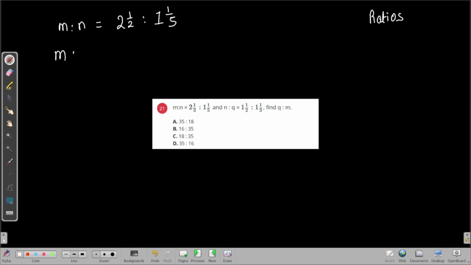So m ratio n is equal to 7/3 ratio 6/5. So let's do that for n ratio q. That's 3/2 ratio 4/3. Okay.